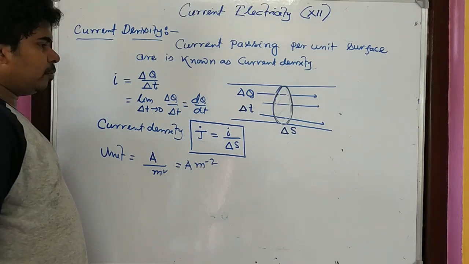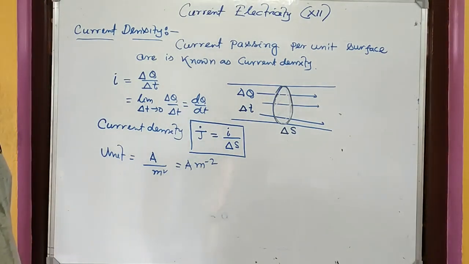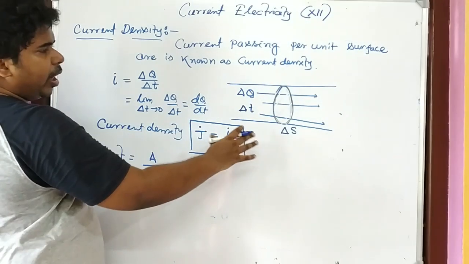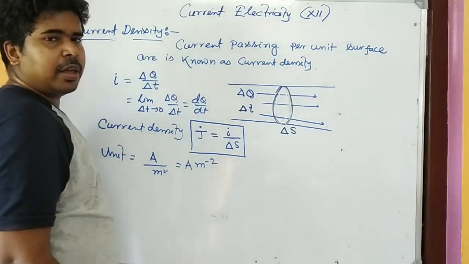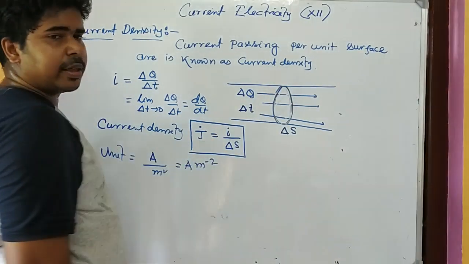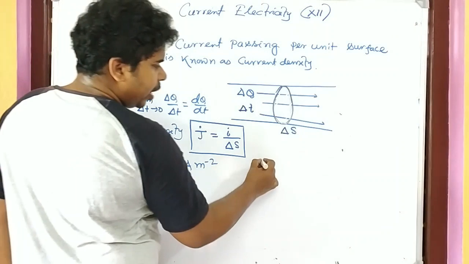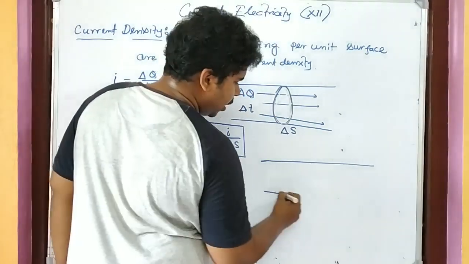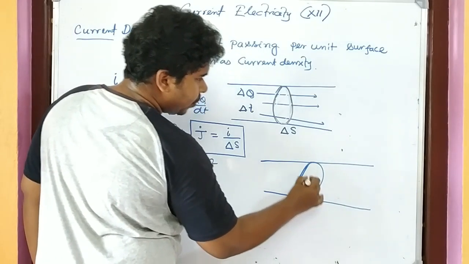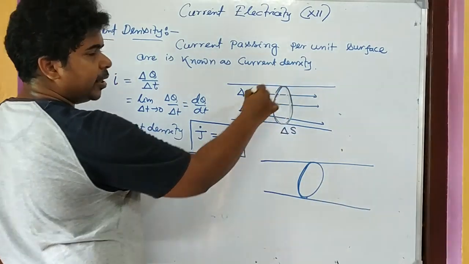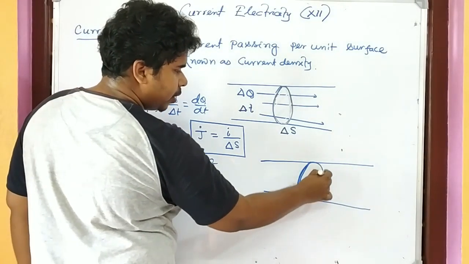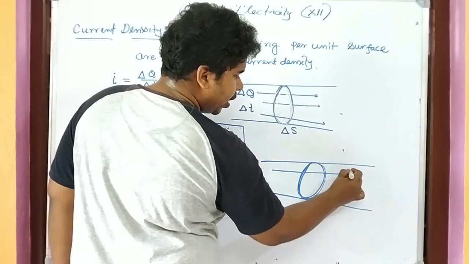Now the question has come, what is the need of it? Whenever we draw this diagram, it is very clear. This is the area and the current is passing, I by del S. Assume the surface area is just like this, and del q is passing this way.